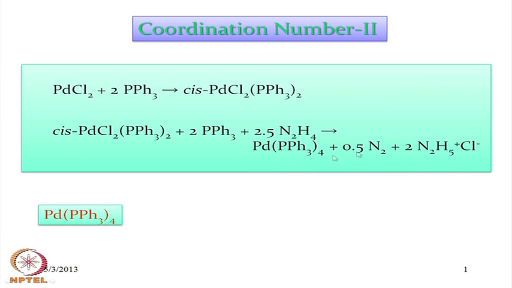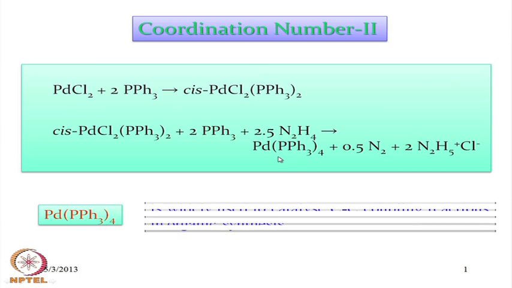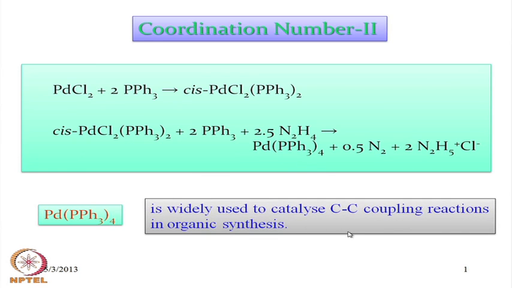So, we have this particular preparation based on the palladium chloride molecule, and it is a very useful molecule. Just now we were talking about whether we can settle between the two oxidation states of palladium, from palladium 0 to palladium 2 plus, and if they can go for some interesting reactions. This particular species is widely used in a very important reaction in organic chemistry, the C-C coupling reactions.